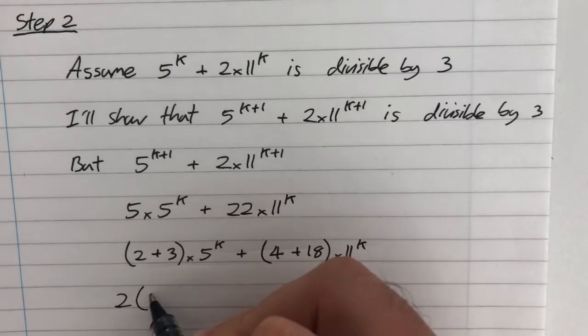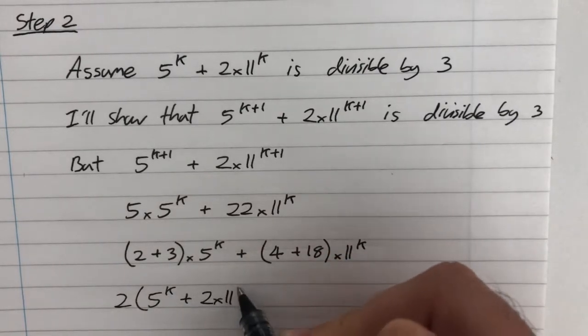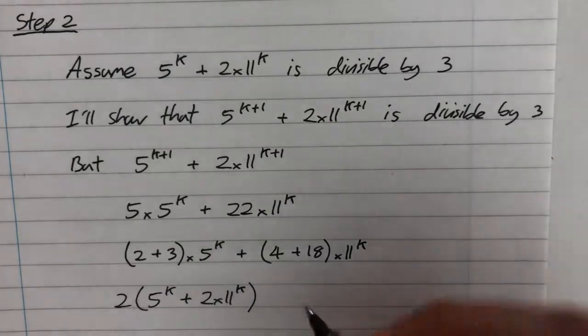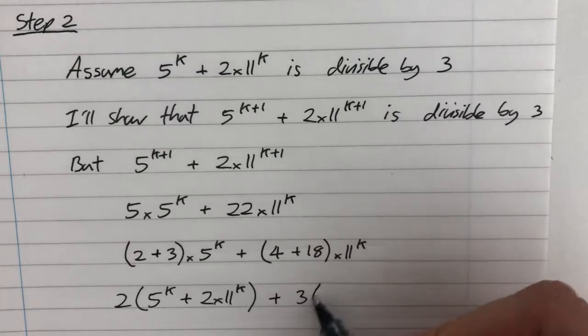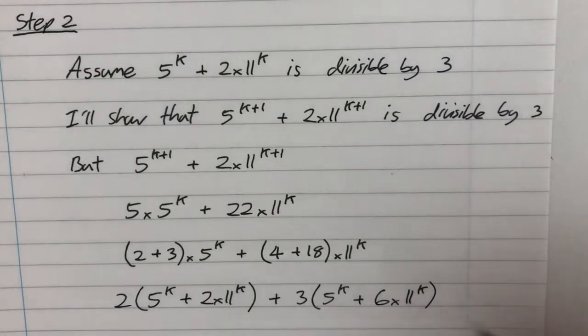So that's 2 into 5 to the k plus 2 times 11 to the k plus 3 times 5 to the k plus 6 times 11 to the k.